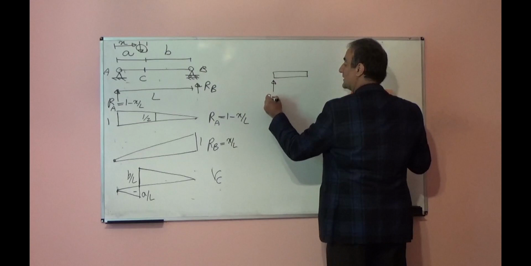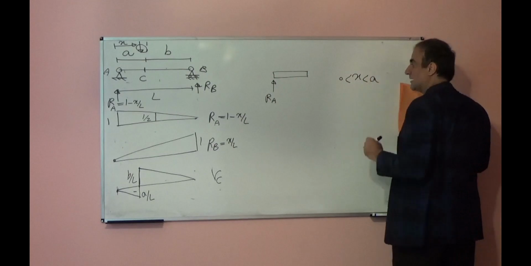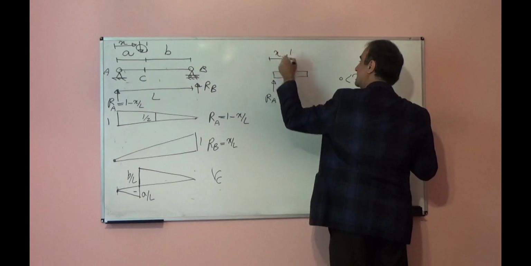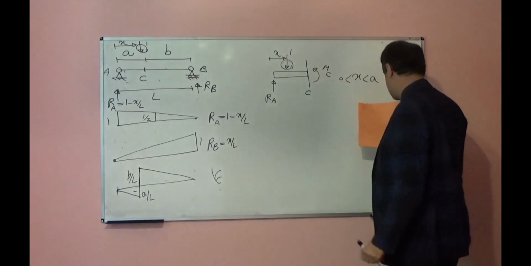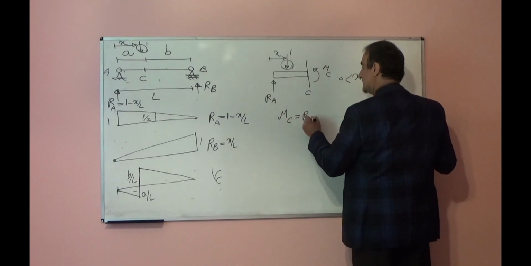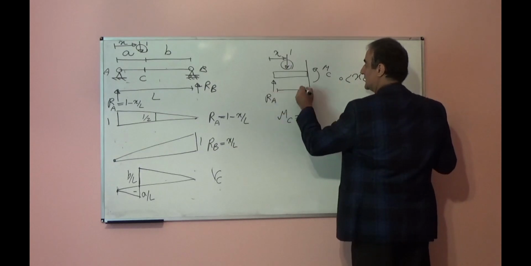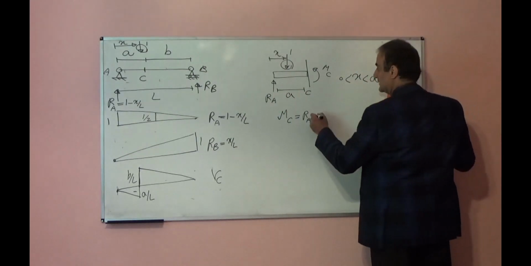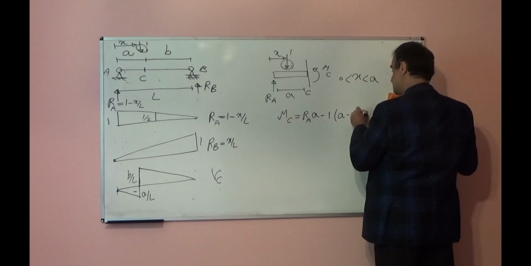Here we have RA, again X between 0 to A one time, the unit load you are putting here, the distance is X, and here is point C. I want to find MC. So MC will be RA times A, from here to here, minus 1 times A minus X.